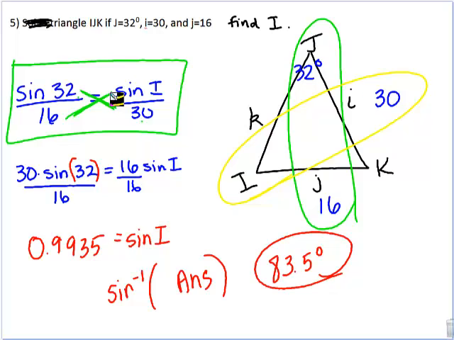So here our sine of I is our variable, so we would divide by 16. Yes? No? Kind of. So always on the right side, it would be that number, if you set it up this way. As long as you set it up this way, yes. Okay.